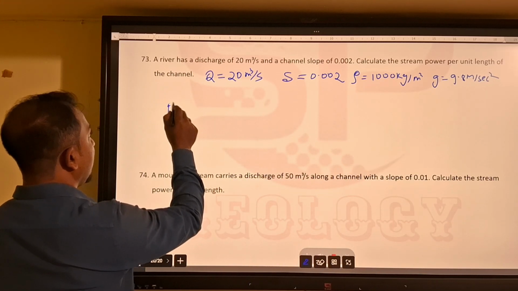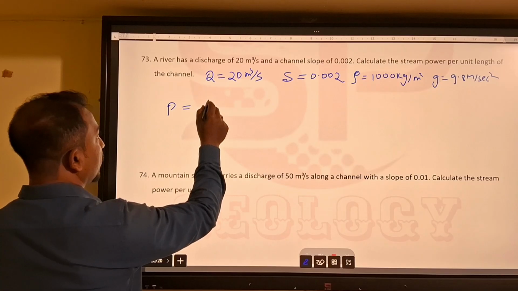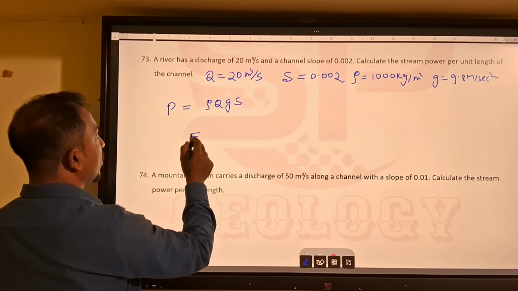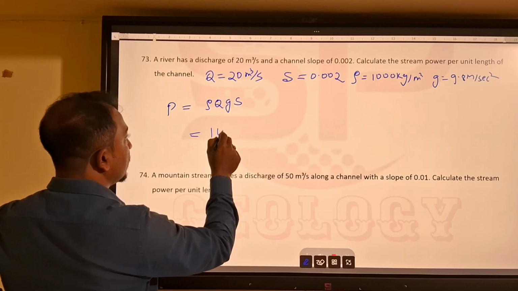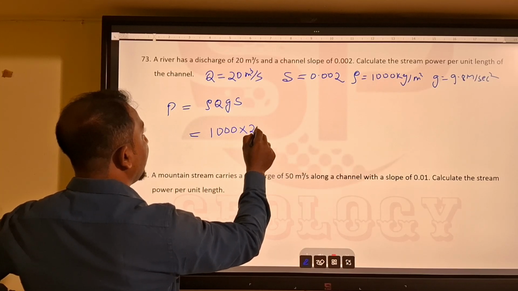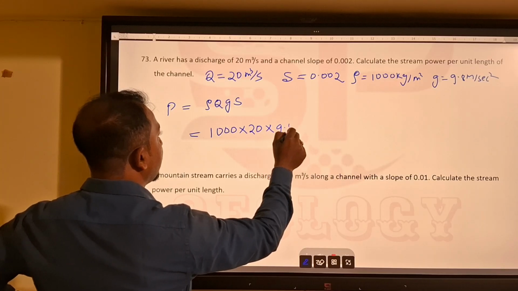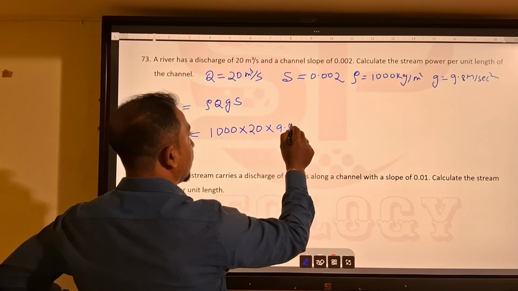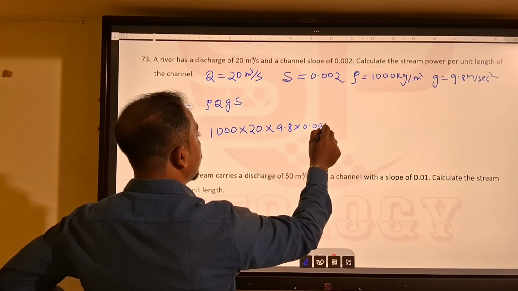So stream power will be rho Q G S. So rho will be 1000 into Q 20 into G 9.8 into S 0.002.